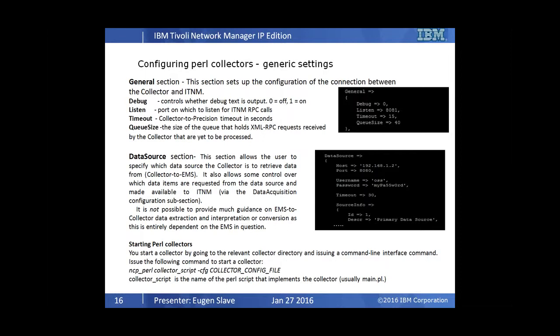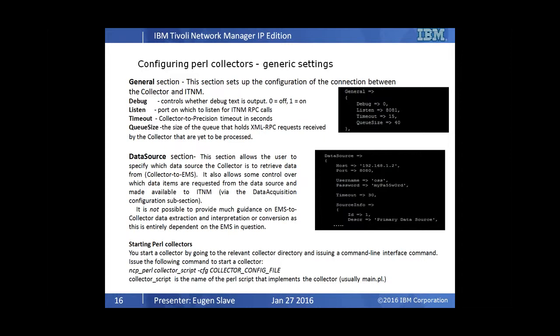In terms of Perl collectors, we have a general section in a configuration file and a data source section. The general section contains some parameters like debug, which is 0 or 1, whether you want debug information or not, the port where the connection is listening for ITNM RPC calls, timeouts, and queue size.